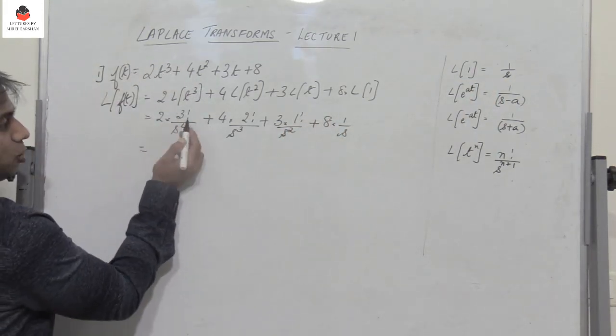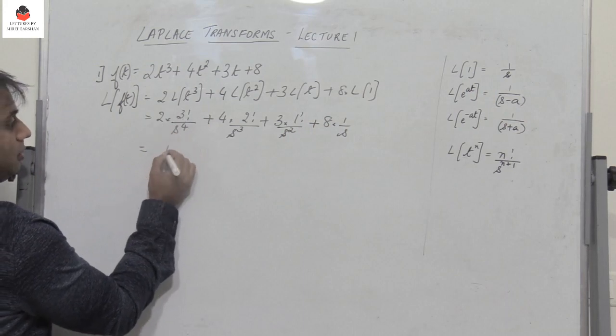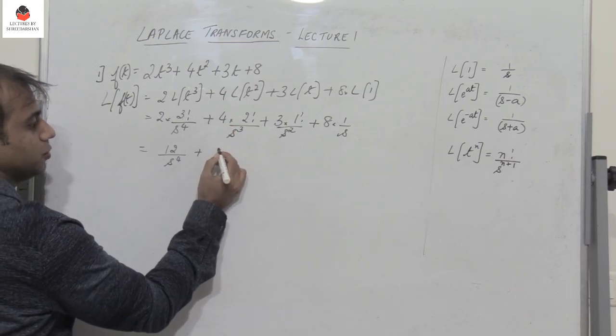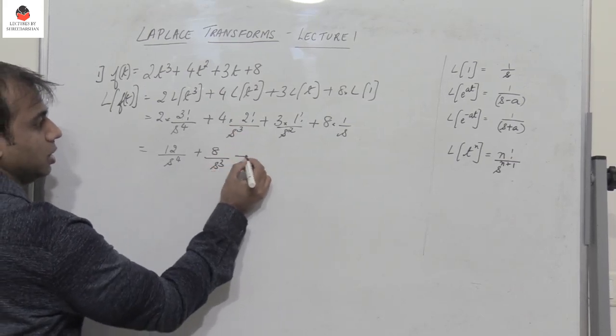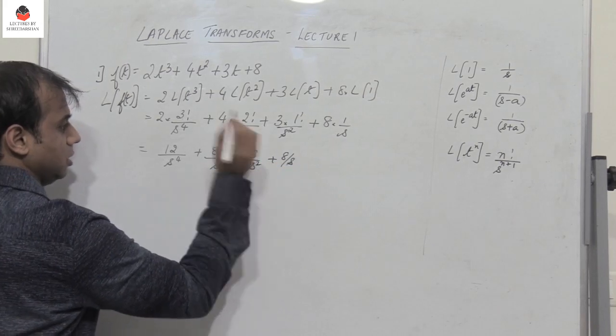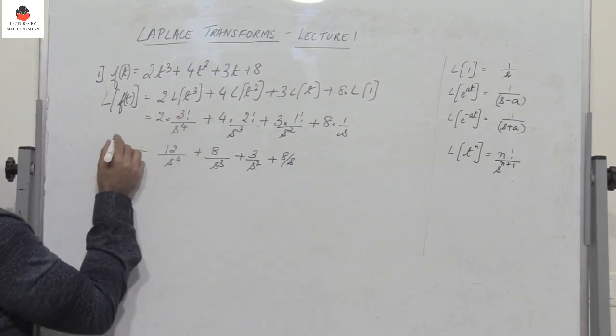So what is 3 factorial? It is 6. 6 into 2 is 12 by s power 4, plus 2 into 4 is 8 by s cube, plus 3 by s square plus 8 by s. So this is the Laplace transform of f of t.